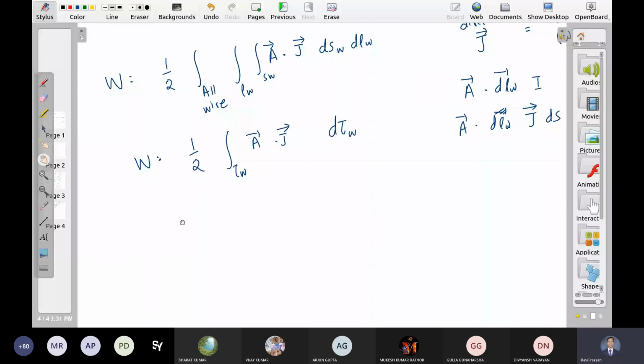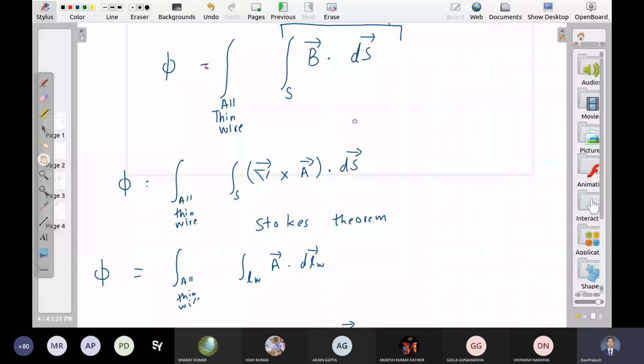This is the same thing as the integral over all universe. Why all universe? So I can decompose this all universe integral into two parts.